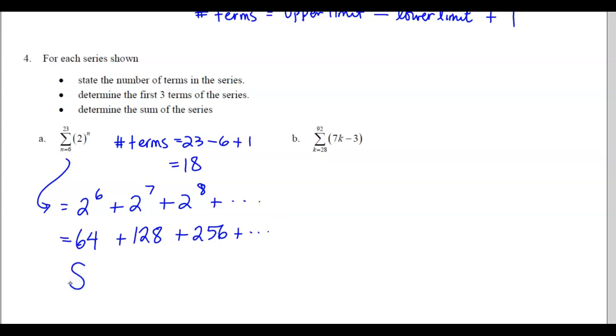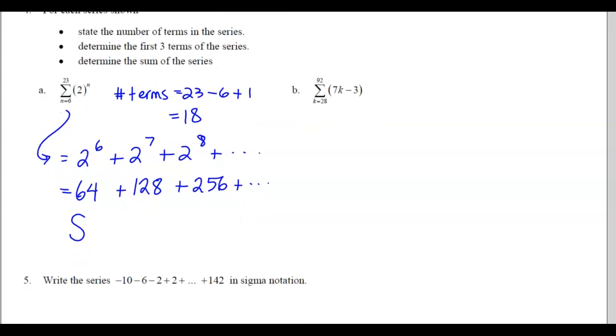Okay, now our sum of this series, it's not going to be S23, it's going to be S18. So it just says find the sum. So S18, we don't know the 18th term, so we'll use that first form of the summation formula. So the first term is 64.